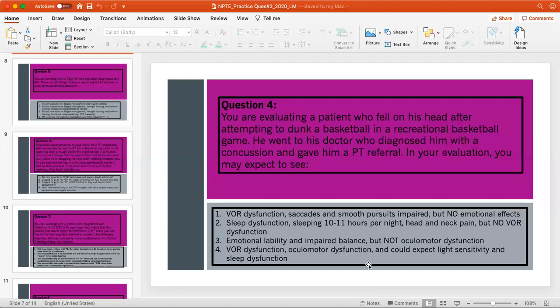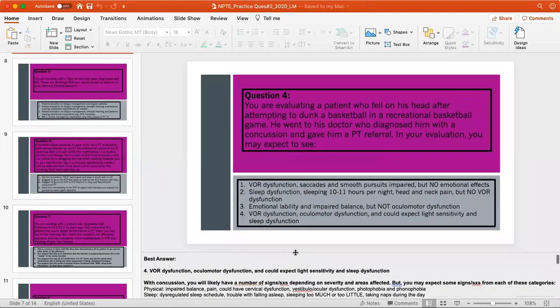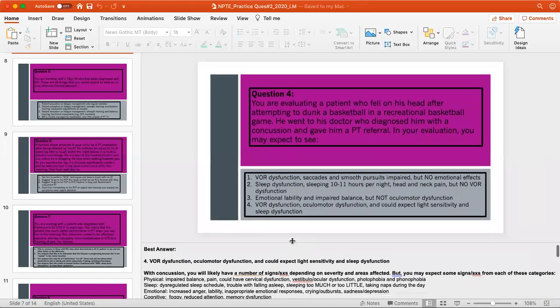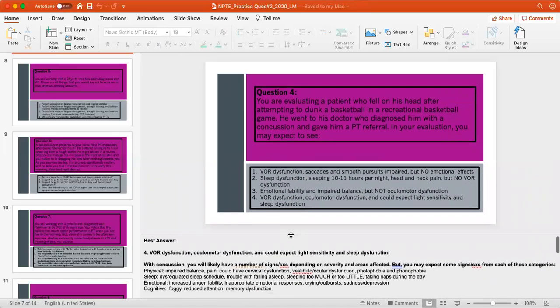So 1 and 3 go away right away. The other thing that could be affected, because we said vestibular, is VOR. So we do want to test the individual for VOR. So we're going to go with the most correct answer, because VOR dysfunction is a possibility.